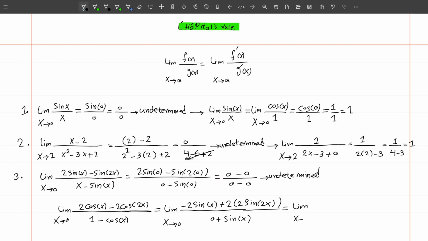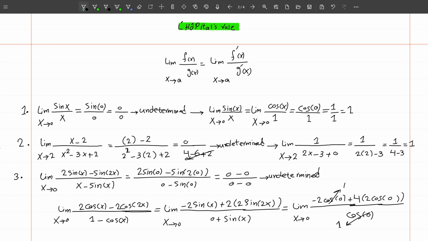The limit as x approaches 0 of the derivative of the numerator is going to be negative 2 times cosine of x plus 4, multiplied together again, times the derivative of sine of 2x, which is going to be 2 times cosine of 2x, that over the derivative of sine of x, which is cosine of x. Again, let's substitute in place of x 0. This here is 1.